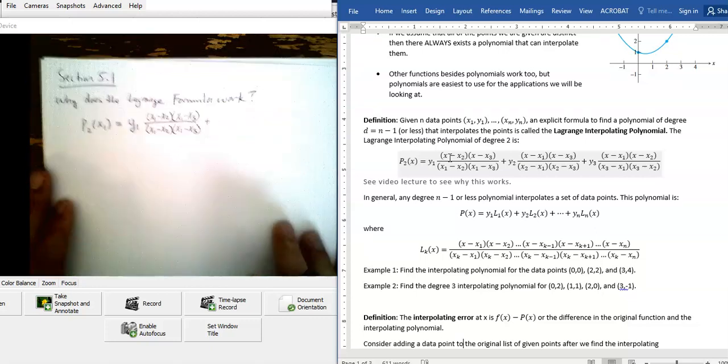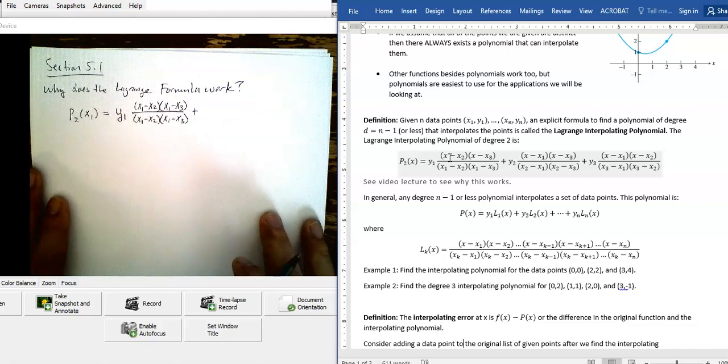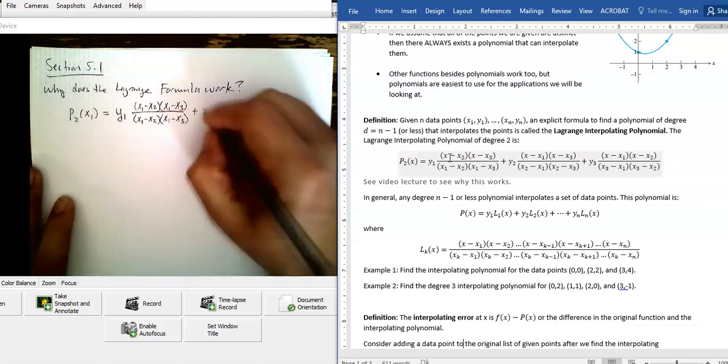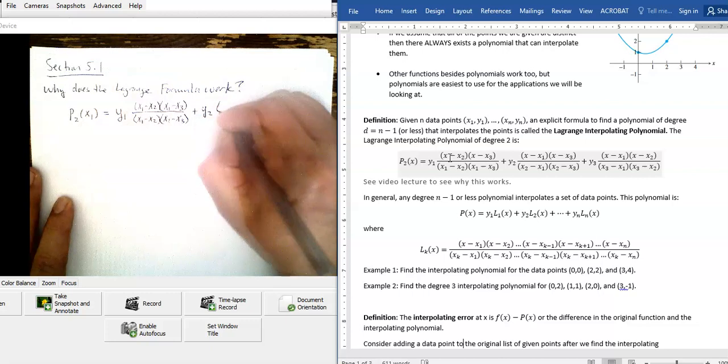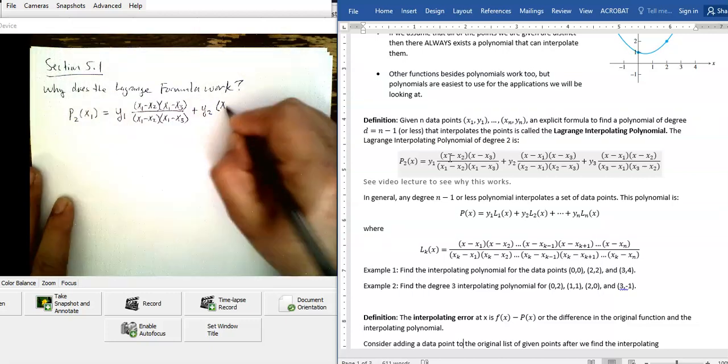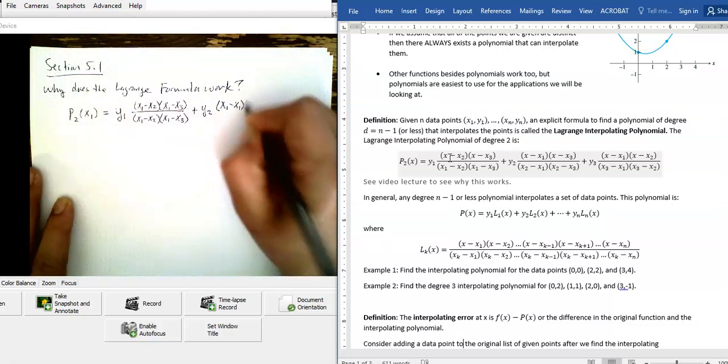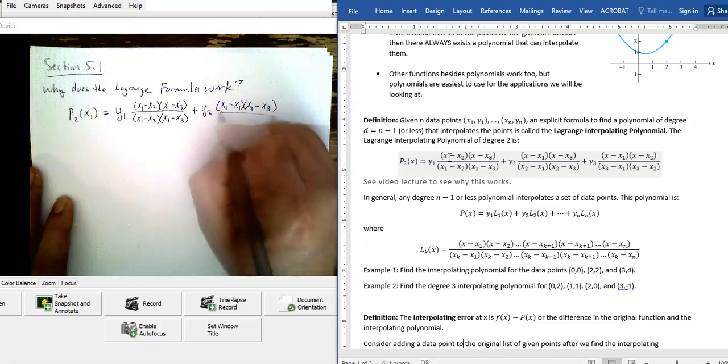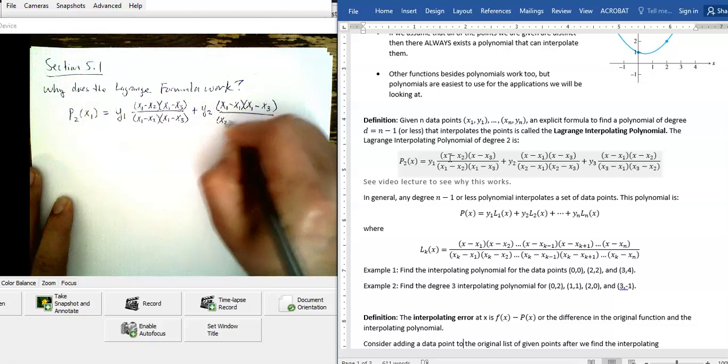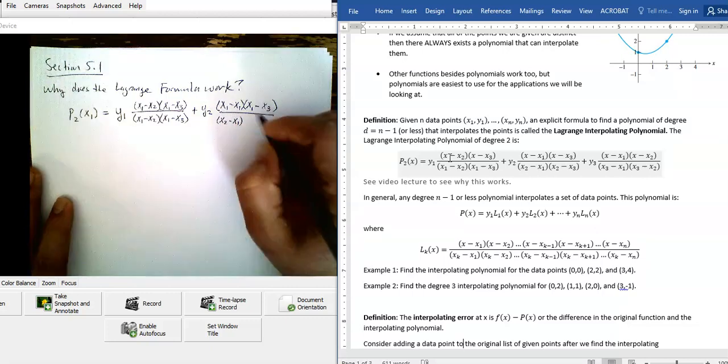Plus, now the second term here would be y2 times x1 minus x1 and x1 minus x3, over x2 minus x1 times x2 minus x3.